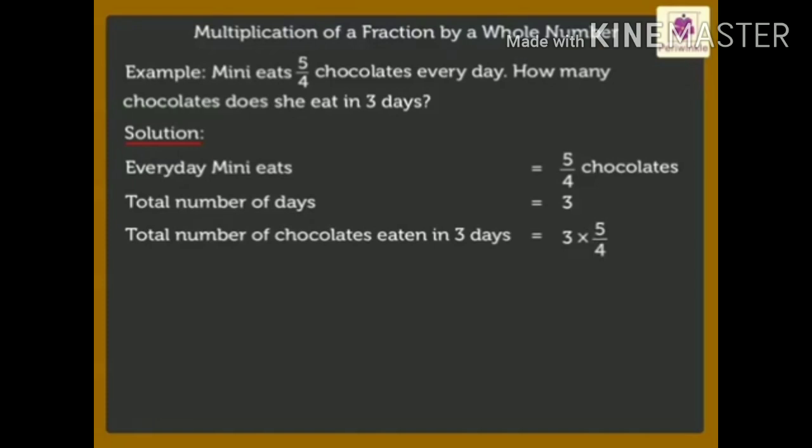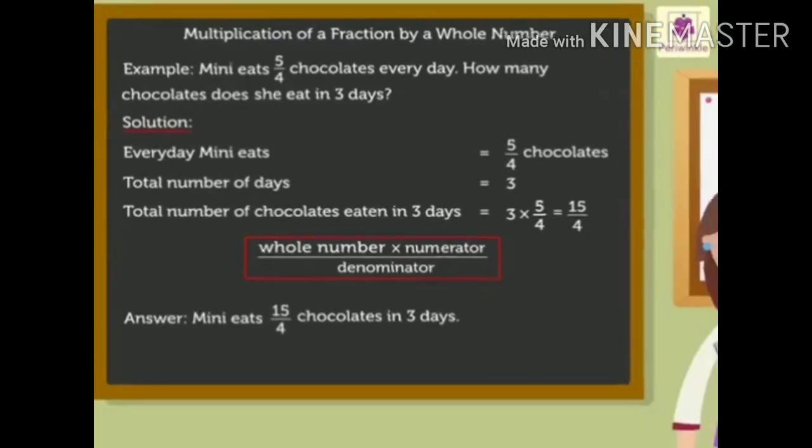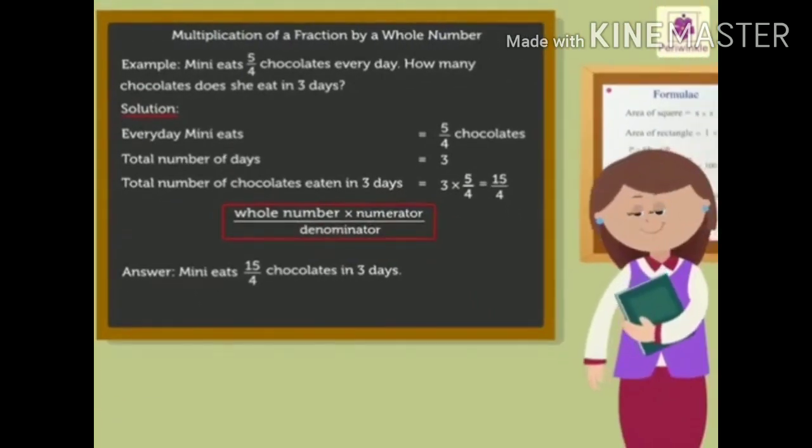So, to find the answer, we use the formula whole number into numerator upon denominator. Therefore, 3 into 5 upon 4 is equal to 15 upon 4. Thus, Minnie eats 15 upon 4 chocolates in 3 days. Wasn't it easy solving multiplication of a fraction by a whole number?